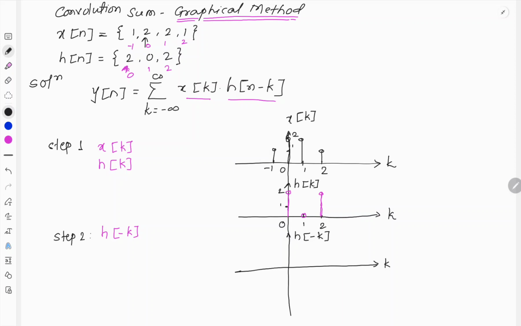Now if we fold, the signal will be shifted on the negative axis. At 0 we will have amplitude 2, at -1 we will have 0, and at -2 we will have again amplitude 2. So here the h of k signal is folded along the y-axis, therefore we get its replica on the negative axis.